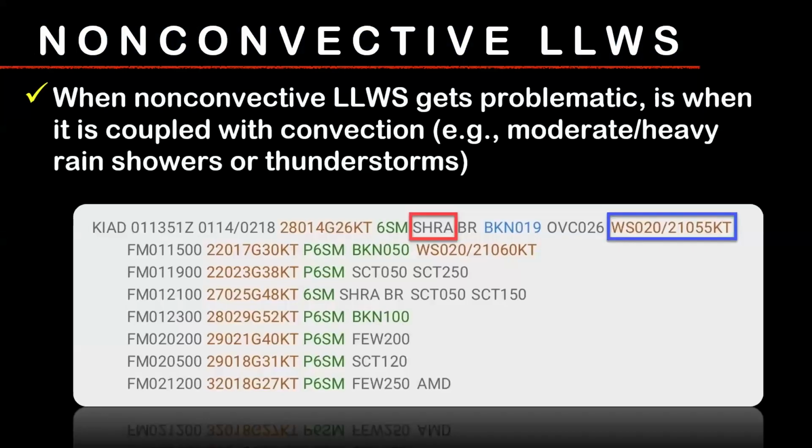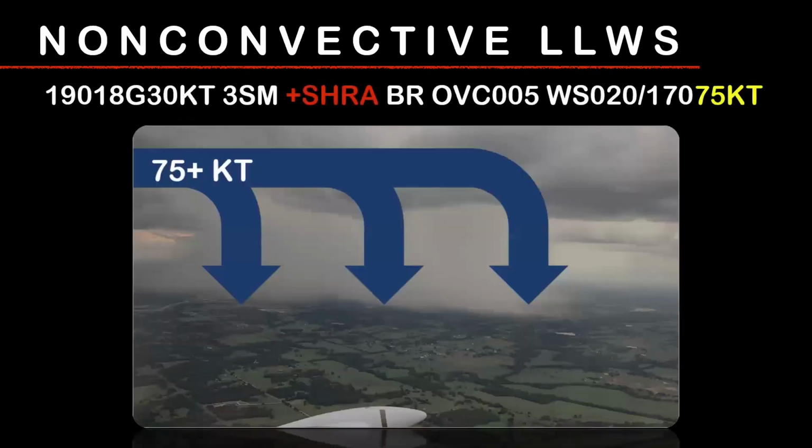But when you see it forecast in a TAF and it's coupled with rain showers or thunderstorms even, yes, you can have convective and non-convective low-level wind shear in the same line in the TAF. That's when it can become problematic here. And the reason is that, especially when we start getting up into the 60s and 70 knot range, think about that wind that's flowing 2,000 feet above the ground.